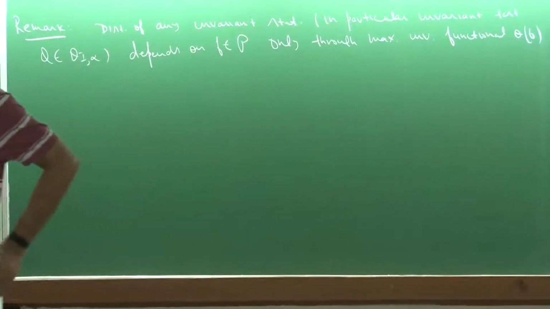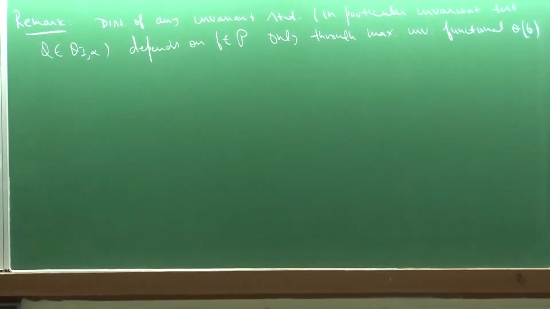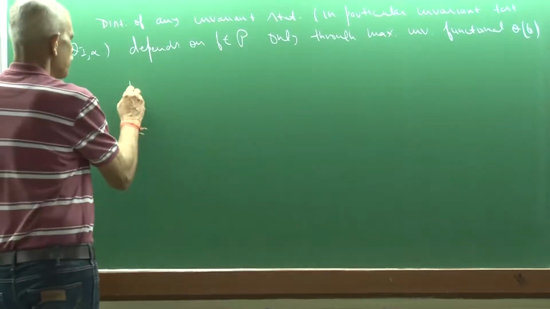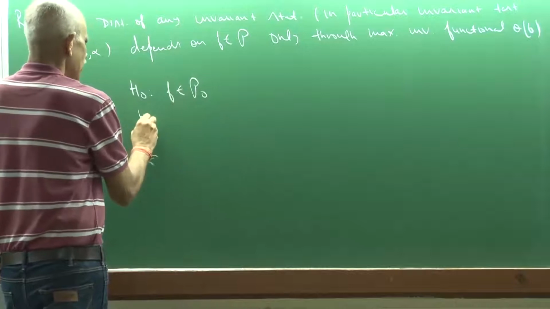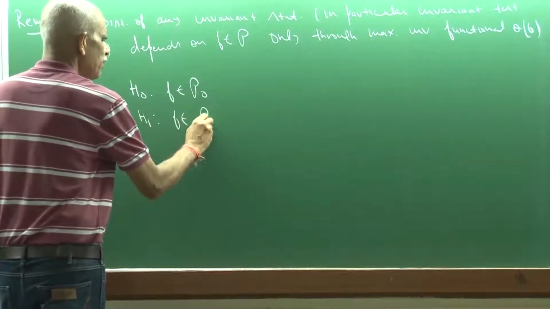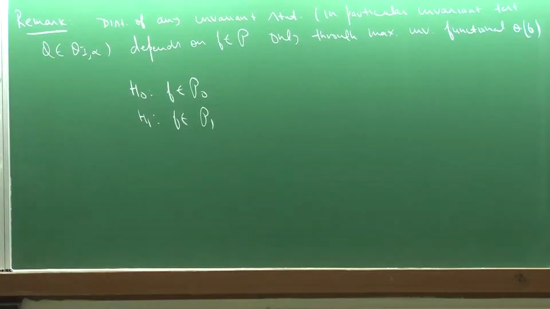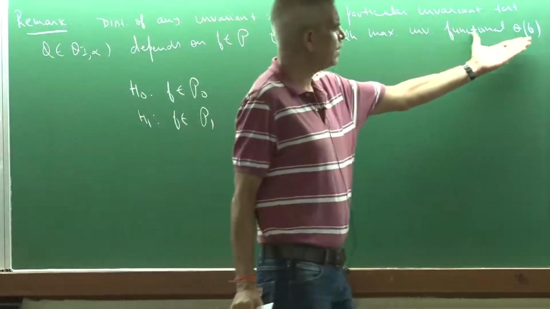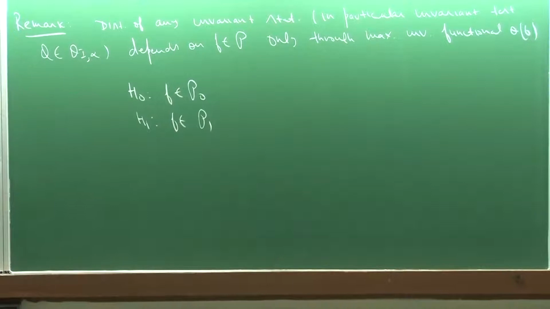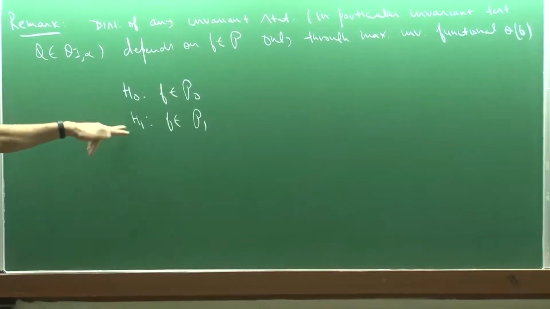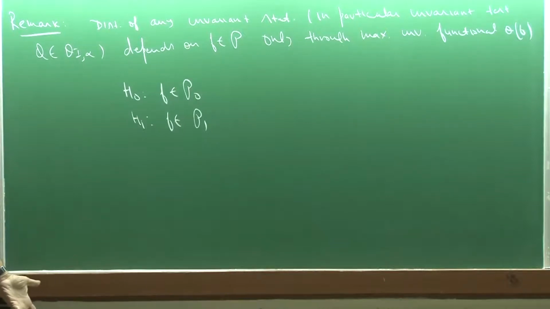So, note that although your original problem of testing was H naught: f belongs to P0 against H1: f belongs to P1, in many situations, any invariant test depends on f only through theta of f. So, you will be able to write down the hypotheses H naught and H1 in terms of theta of f, because that is what is going to matter.